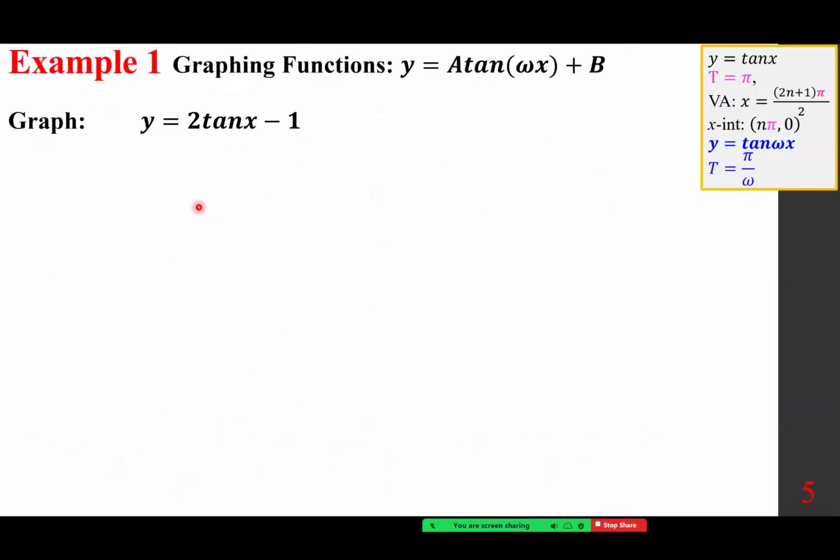All right, let's graph y equals 2 tan x minus 1. We're going to do the transformation, and I want to remind you of what happened in the previous page. In the case of y equals tan x, the period is pi. VA: x equals 2n plus 1 times pi over 2. X-intercept at n pi, 0. And T is pi over omega in general, by the way.